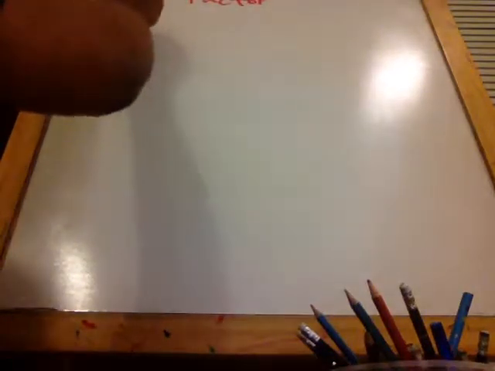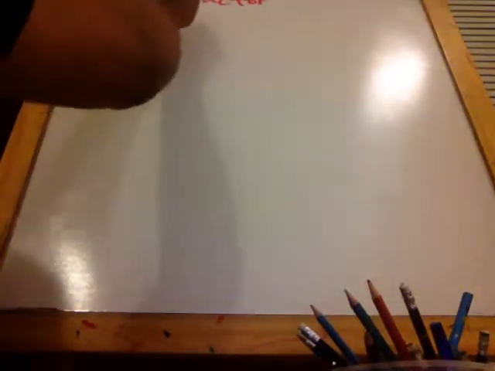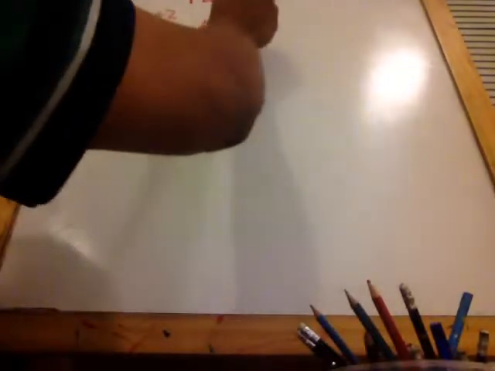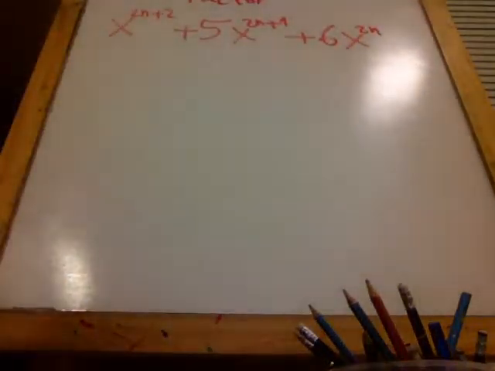Assume I wish to factor x to the power 2n plus 2, plus 5 times x to the power 2n plus 1, plus 6 times x to the power 2n. Okay. As you can see here, we have x to the power 2n as a common factor.